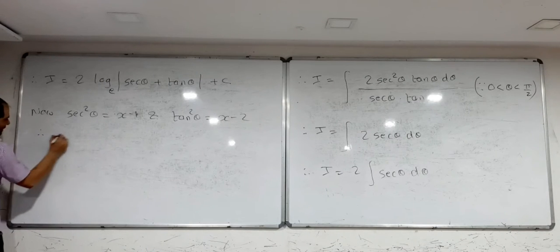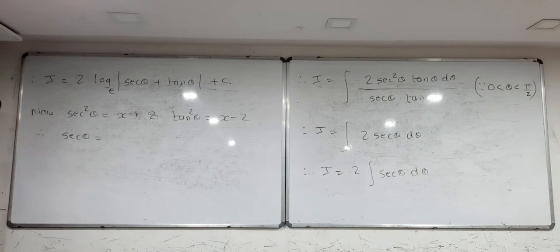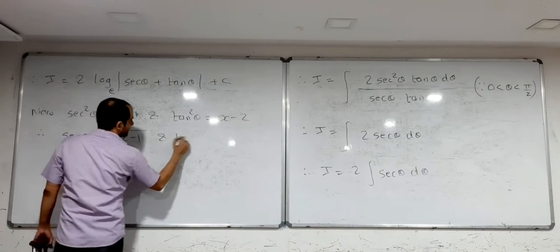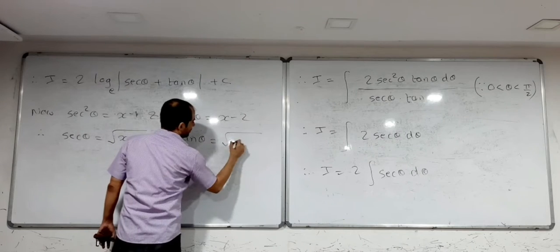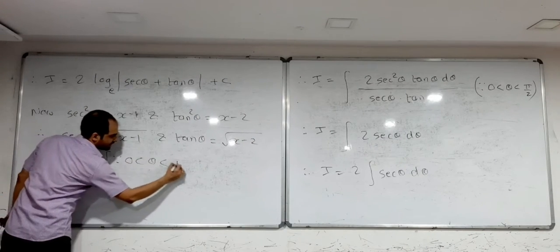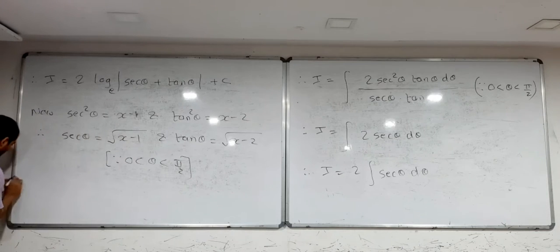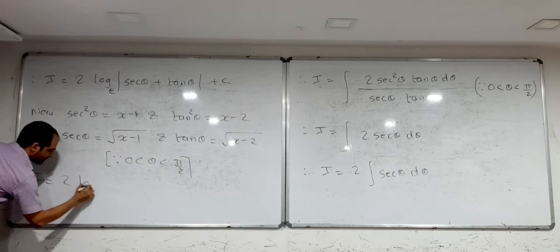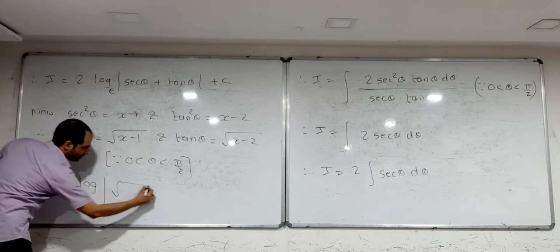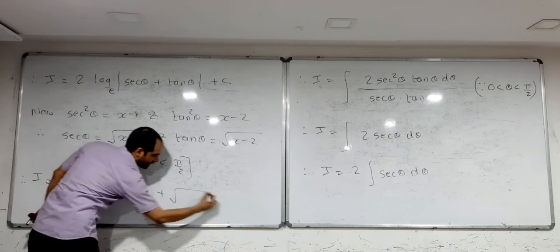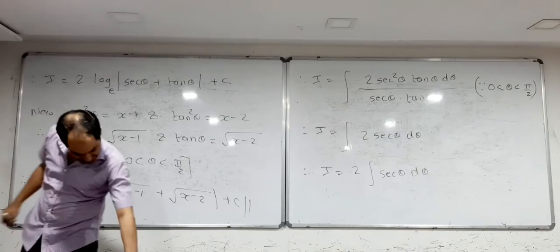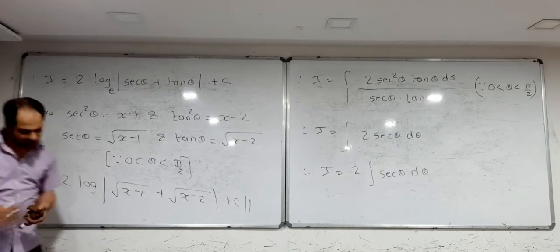So therefore sec theta, positive square root since 0 less than theta less than pi by 2, will be the positive square root of x minus 1, and tan theta will be the positive square root of x minus 2, because 0 less than theta less than pi by 2. Substitute and the answer will come. I is 2 times log of mod of sec theta plus tan theta, so square root of x minus 1 plus square root of x minus 2 plus c. Finished.